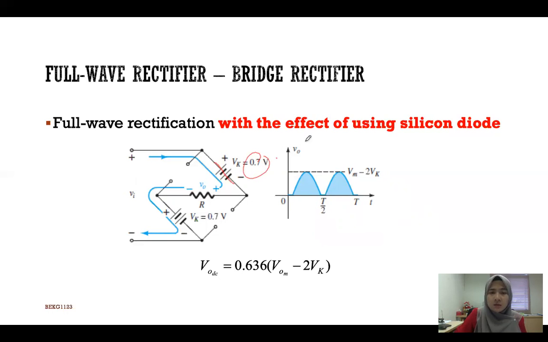So the VDC, if you take into consideration the effect of using silicon diode, the equation for the VDC for full wave rectifier is 0.636 multiplied with Vm minus 2 Vk. Okay. So you need to multiply with 2 for the Vk here because you have 2 diodes. For half wave rectifier, you only have 1.